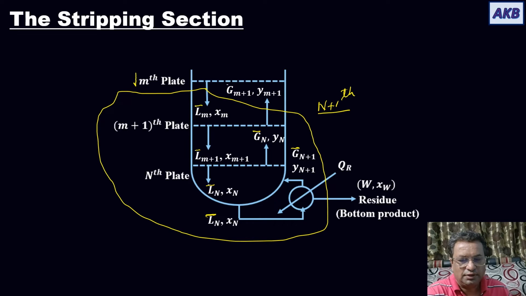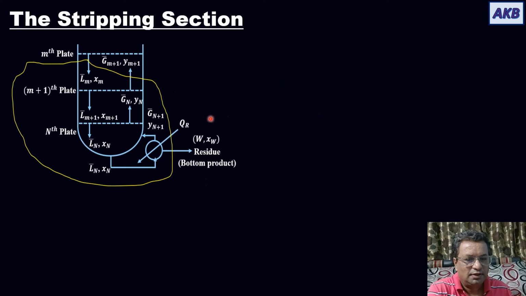Therefore, its molar flow rate will be G bar M+1 and mole fraction of A in it will be YM+1. Why every time mole fraction of A? Because A is the more volatile component. It has a lower boiling point than B, and it has more vapor pressure than that of B. So this is the stripping section that we are going to consider. Okay, so I'm showing it once again.